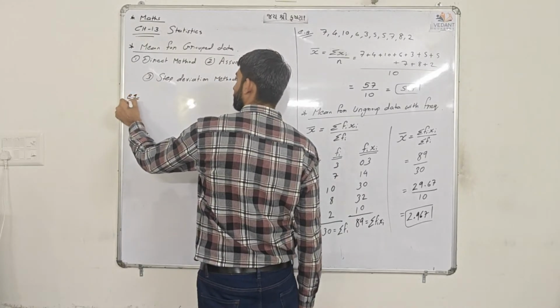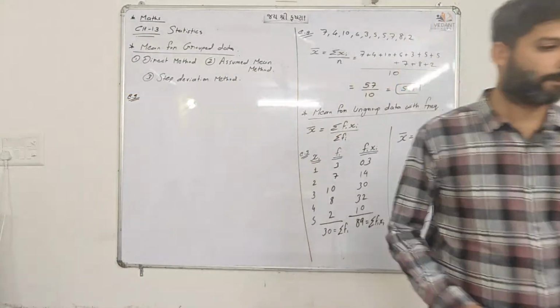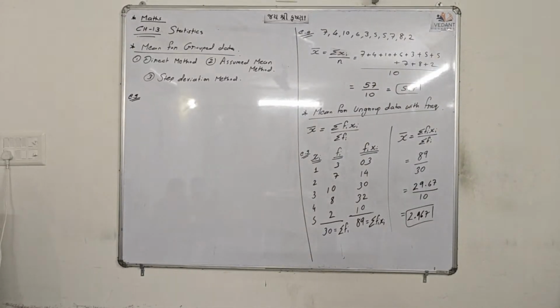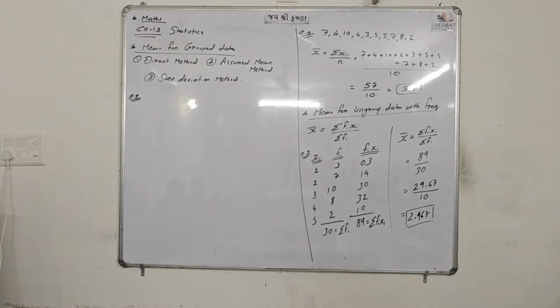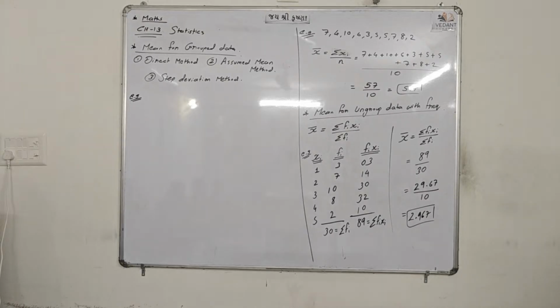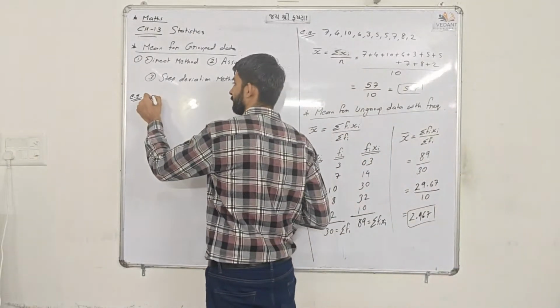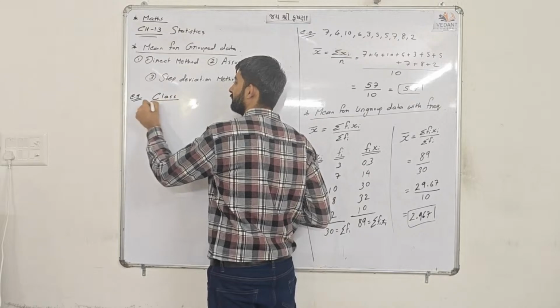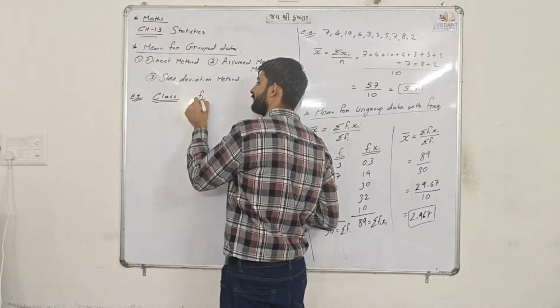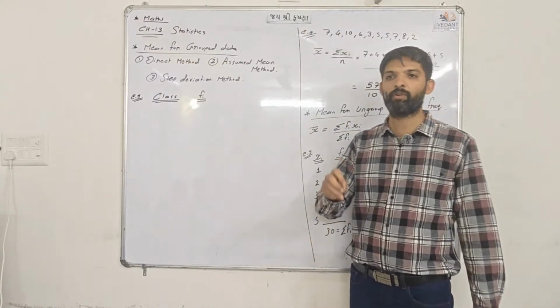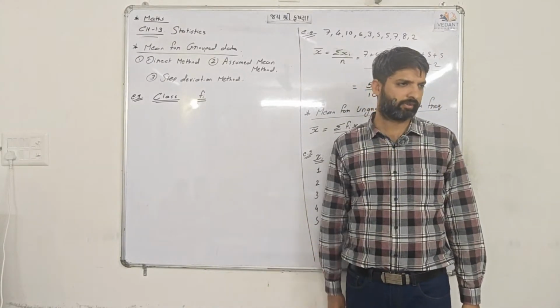Let's consider an example. Here see, class is given and frequency will be given. For example, we have conducted a 50 marks test.